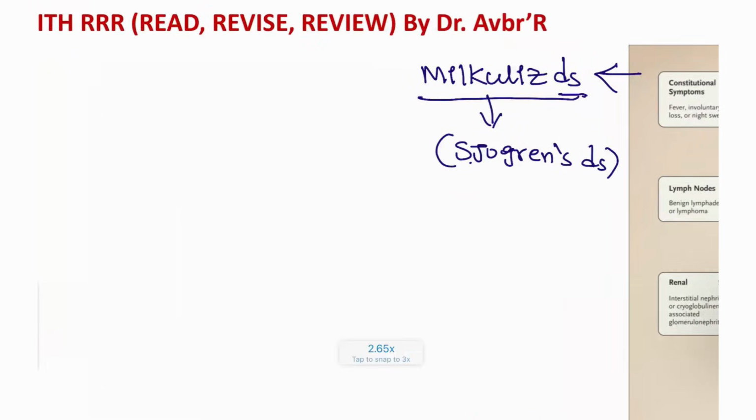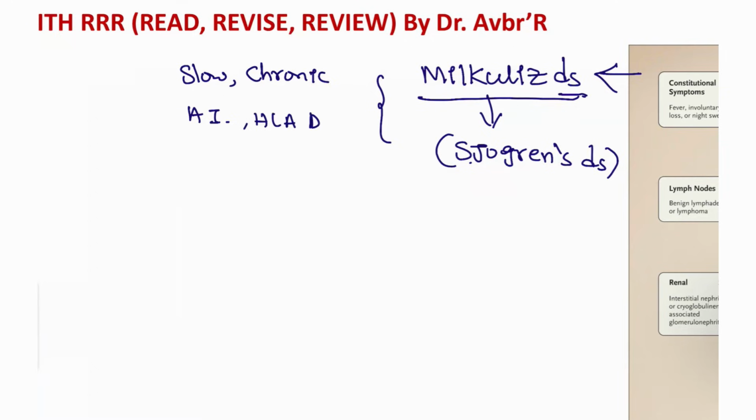Sjogren's disease is a slow and chronic autoimmune condition. It is slow, but it can even cause damage and neoplasia. It is associated with HLA-DR4.